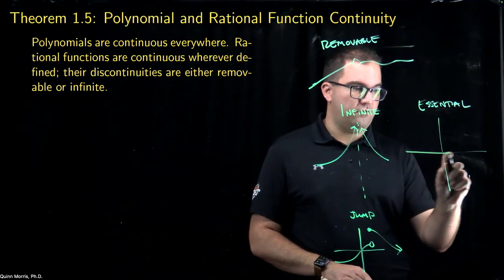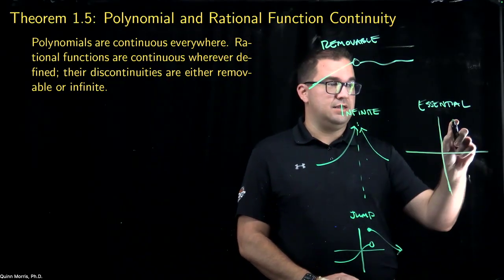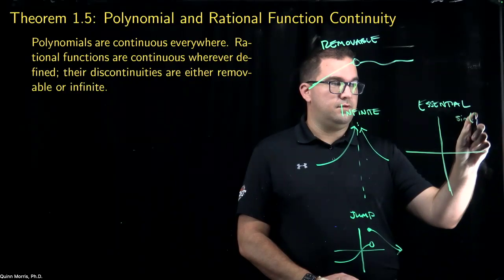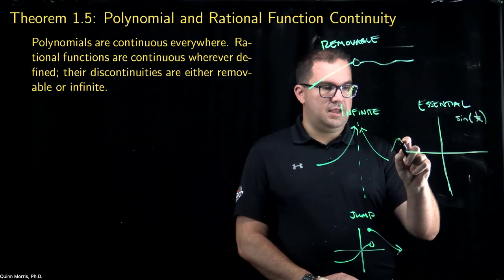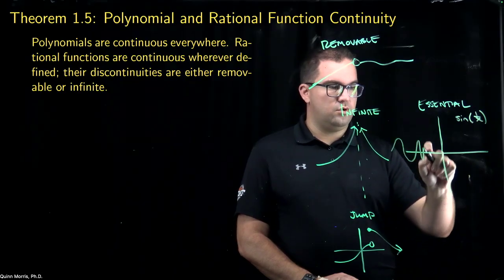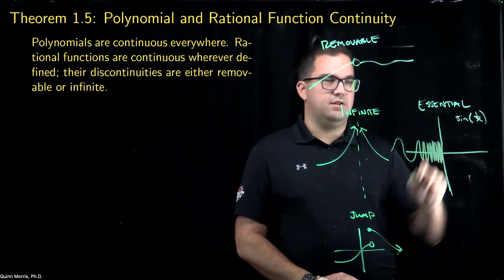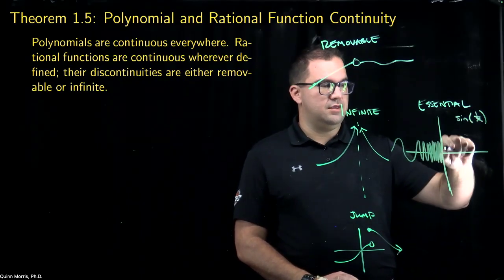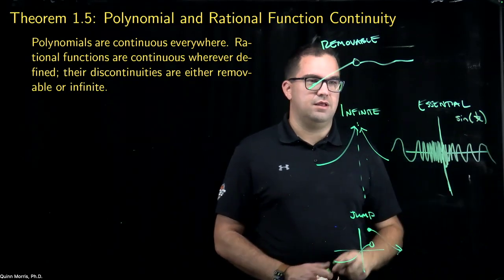If you want an example of such a function, sine of 1 over x as x goes to 0 has an essential discontinuity. What happens is it's oscillating, and as you get towards 0, it starts oscillating infinitely fast. So you get behavior that looks something like this.